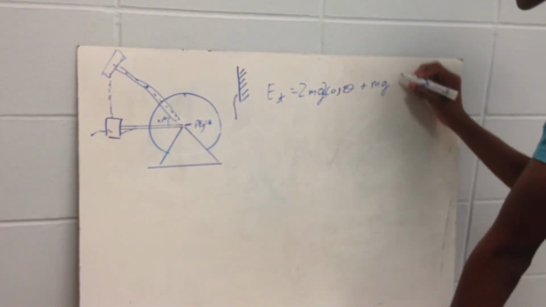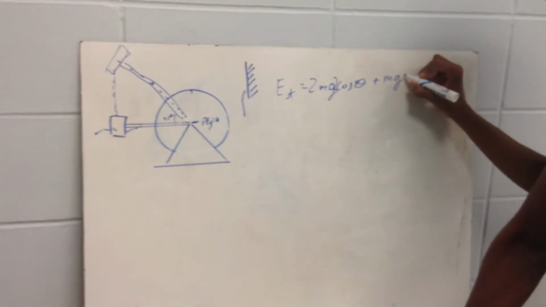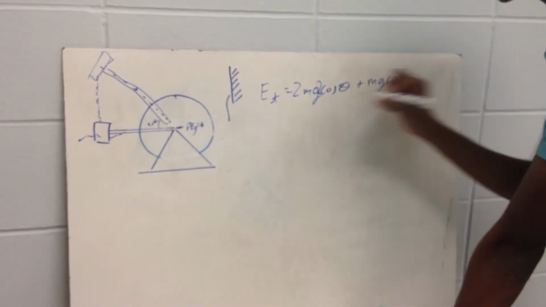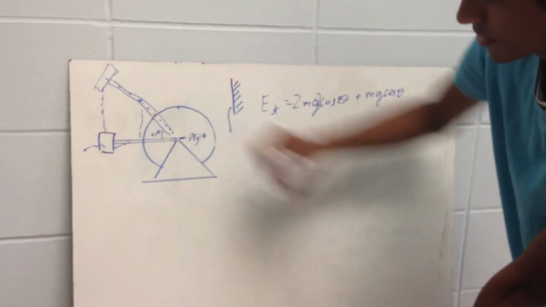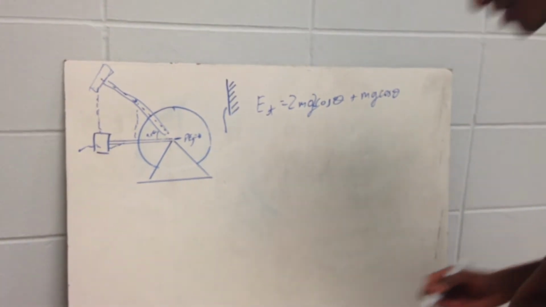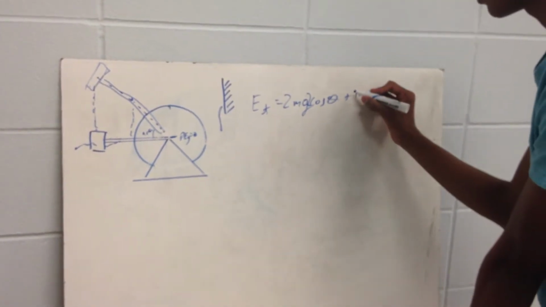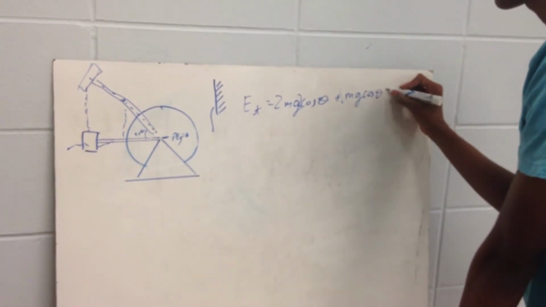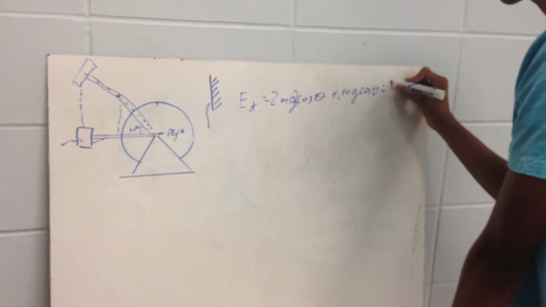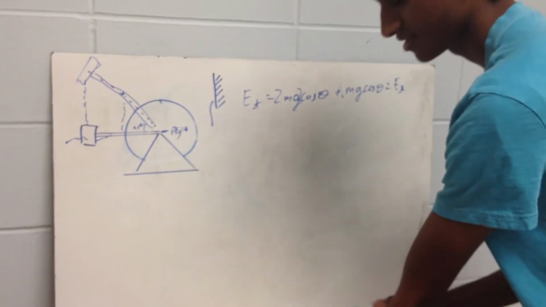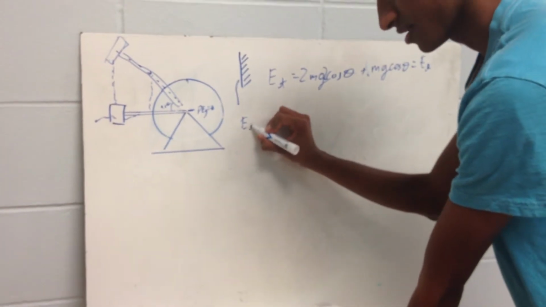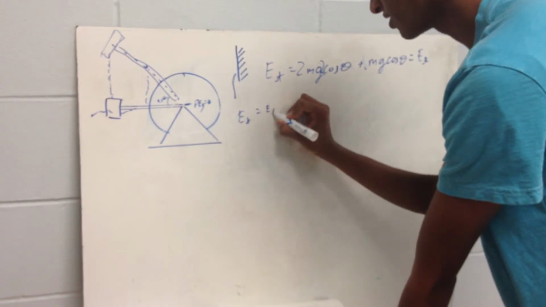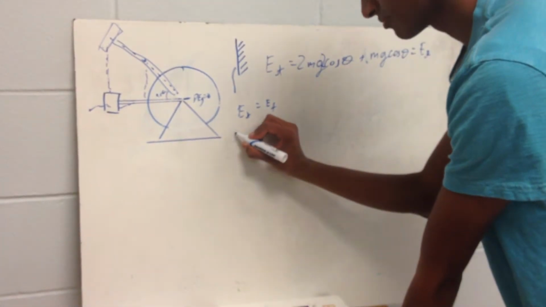So this is going to be mg times the radius times cosine theta again, because we're looking for this height right over here, times 2, equals the energy.